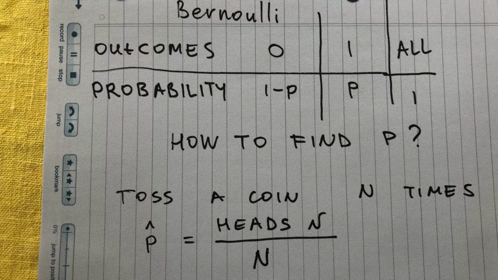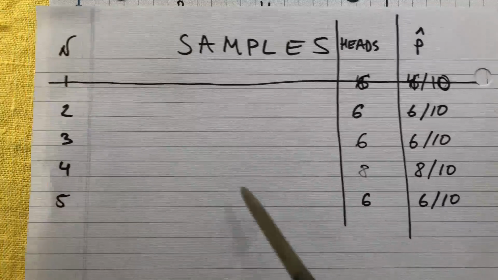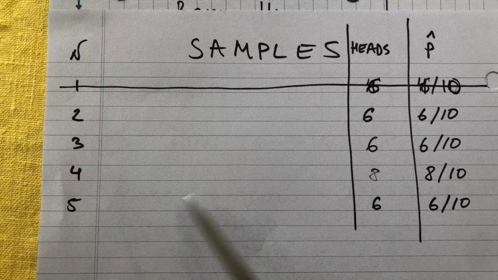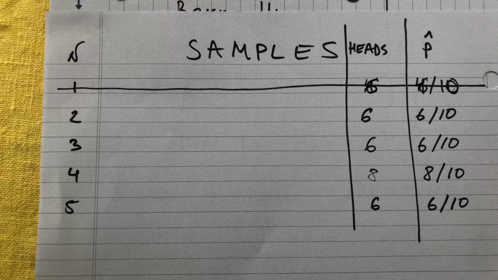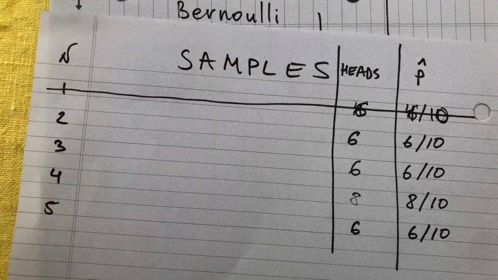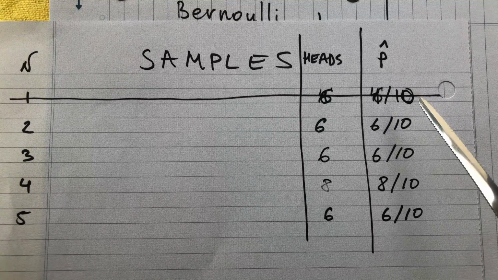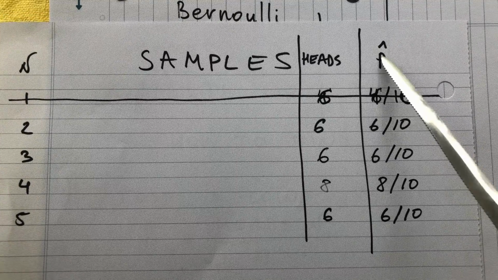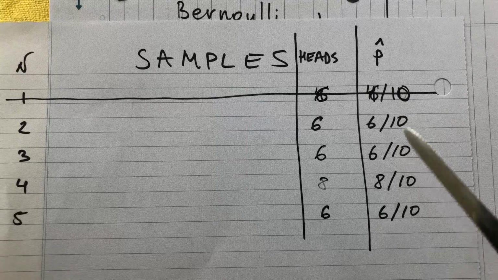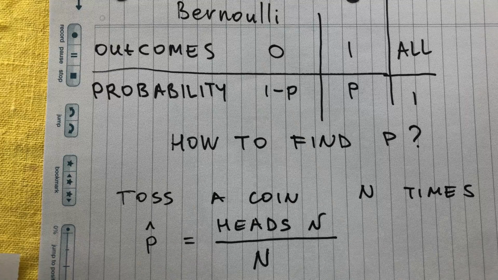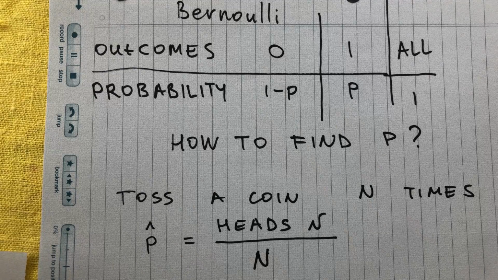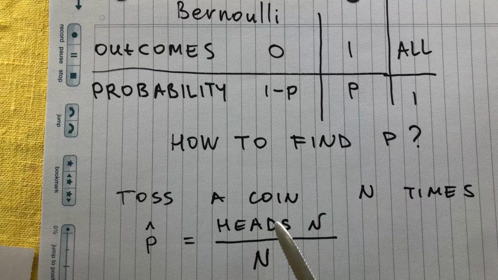With every new sample we will get a different estimate of the probability of the Bernoulli distribution, and that's a very important observation, because it brings up the notion of the sampling distribution of an estimate. I showed you one way of estimating the probability of the Bernoulli distribution: observing your phenomenon and applying a statistical technique, which in this case turned out to be a very simple ratio of observed heads over the total size of the sample.